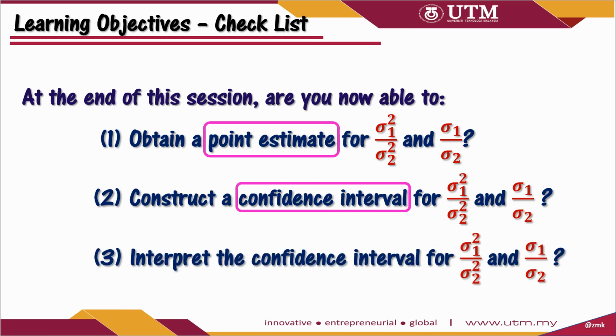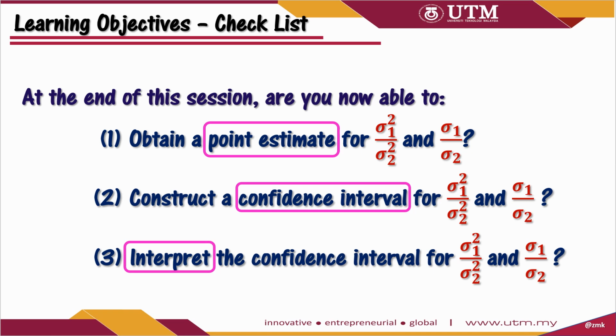Finally, are you now able to interpret the constructed confidence interval for the ratio of unknown population variances or for the ratio of unknown population standard deviations? Remember, the indicator value is 1, not 0 this time, unlike in the case of a difference between two means or between two proportions.